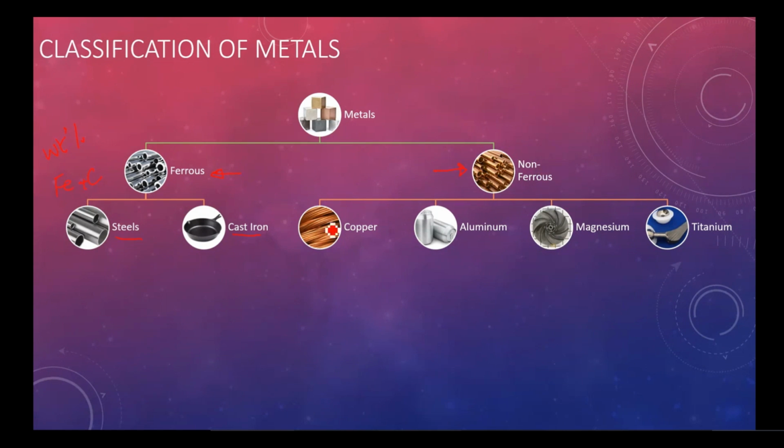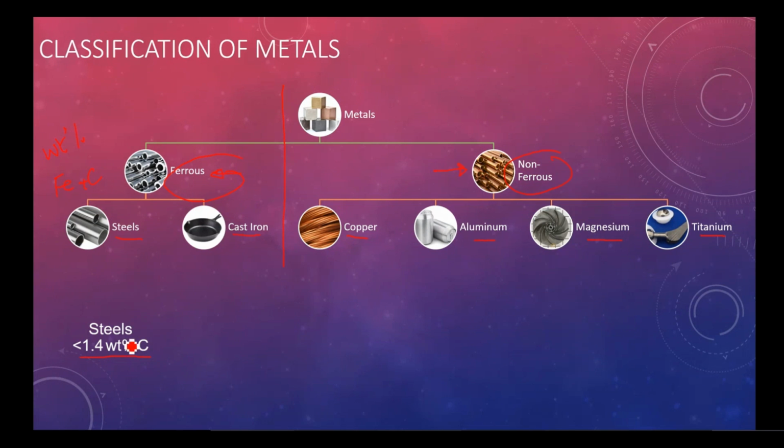The non-ferrous categories include copper based alloys, aluminum based, magnesium based and titanium based materials. Again, all fall in the category of metals, but you have a restriction of ferrous and non-ferrous over here. Steels normally have carbon less than 1.4 weight percent.